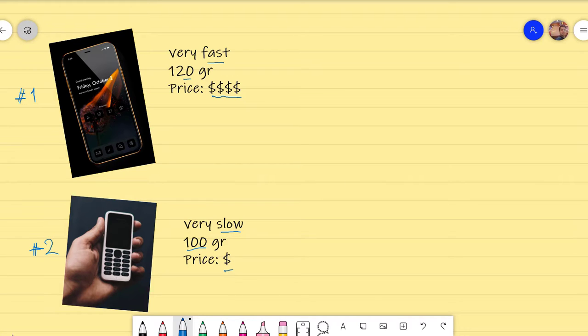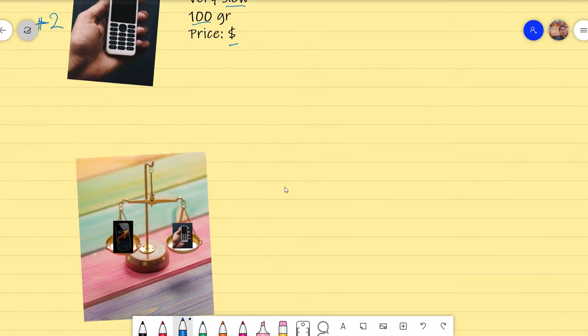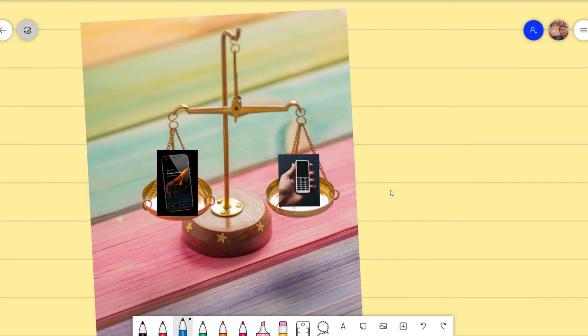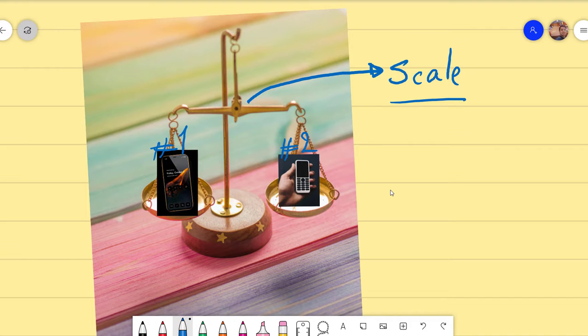Now imagine I have these two phones and I want to put them here. So this thing here, we call it a scale. So I have these two phones, mobile phone number 2 and mobile phone number 1, and I put them on the scale and I want to see which one goes down and which one goes up, or the other way around.